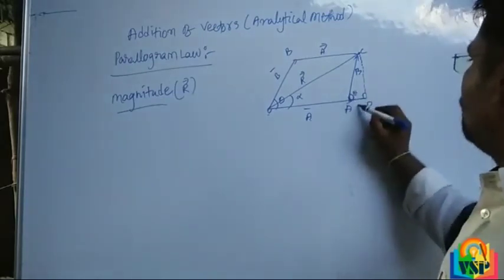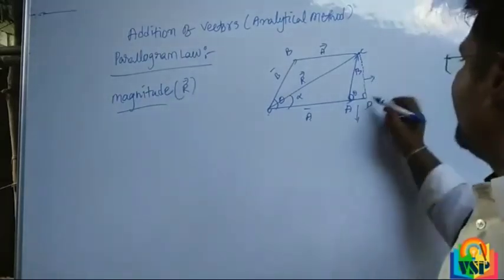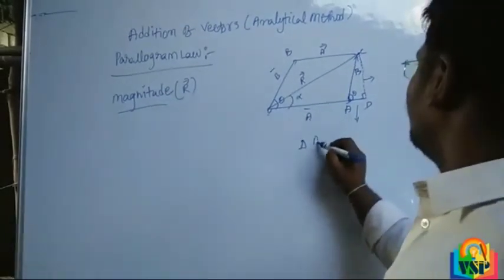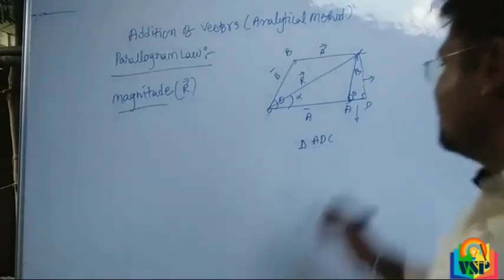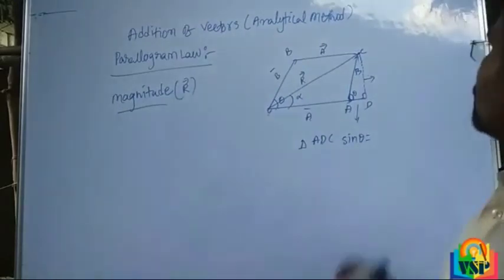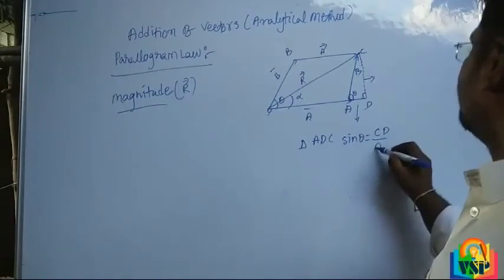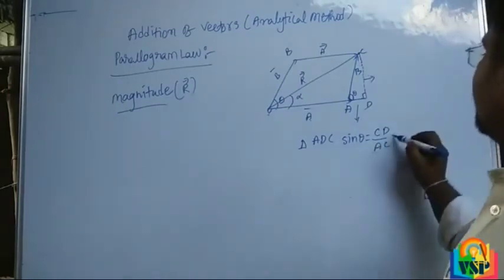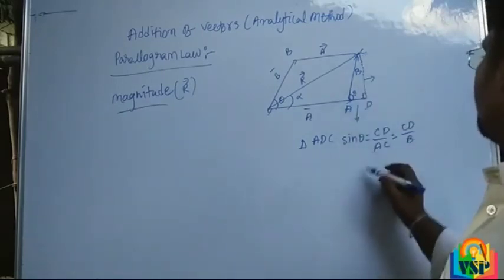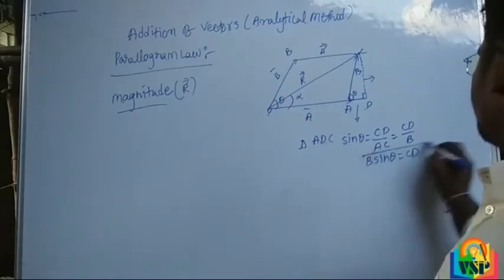So how can we find AD and how can we find CD? In triangle ADC, sin theta is equal to opposite side by hypotenuse, CD by AC. CD is a distance, AC means B. So B sin theta is equal to CD.